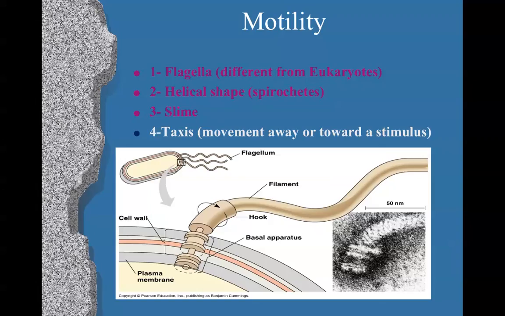Well, it's able to move towards increasing concentrations of, let's say, something like glucose so that it's able to find its food source and survive. So bacteria have a bunch of ways of getting around: by flagella, using their helical shape, using slime. And often these bacteria aren't just aimlessly moving, they're moving in the direction of something.